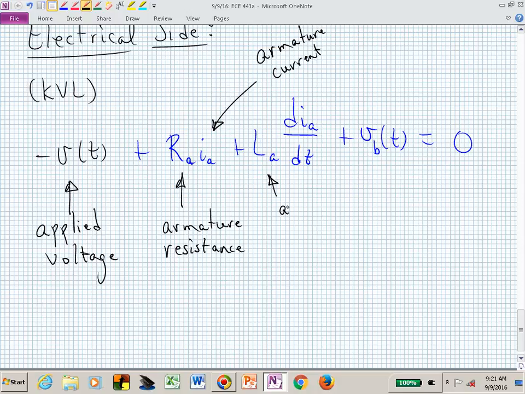L sub A is the armature inductance. And V sub B is what's called the back electromotive force. Or if you're texting this, you might just say the back EMF.